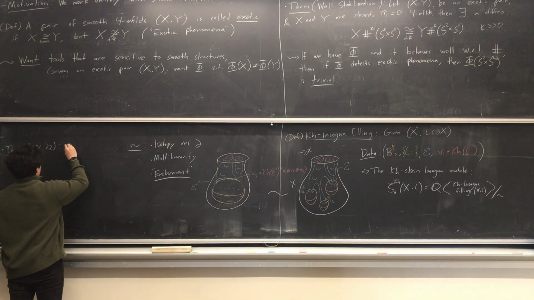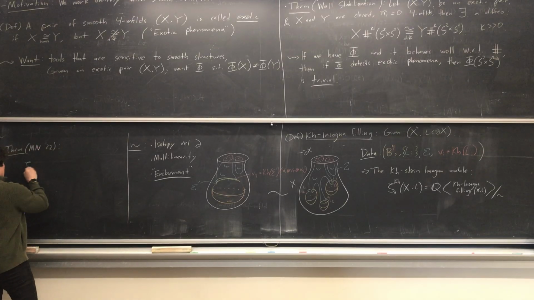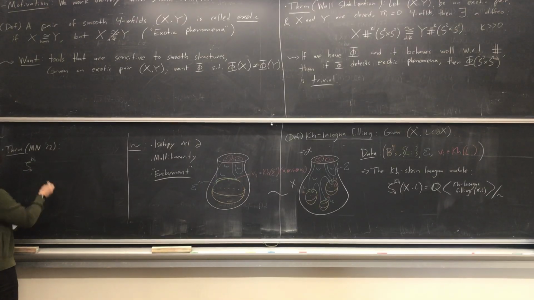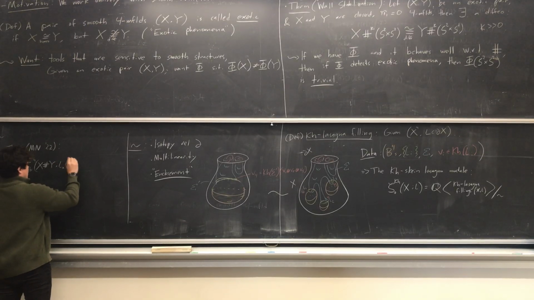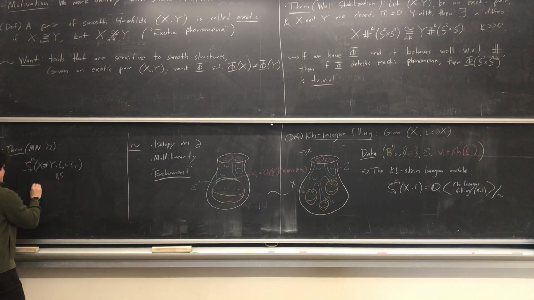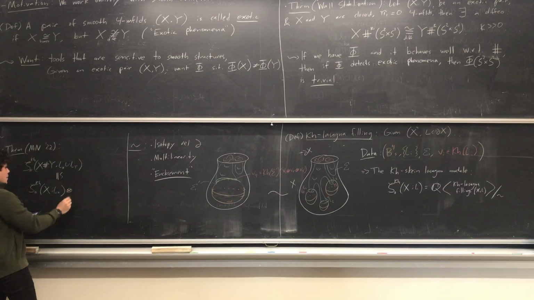So I will write the Khovanov Skein lasagna module over the rationals, or over any field, of the connect sum of 2 4 manifolds. And let's say they have a link Lx and a link Ly in the boundary. This is isomorphic to the tensor product of the connect summands.